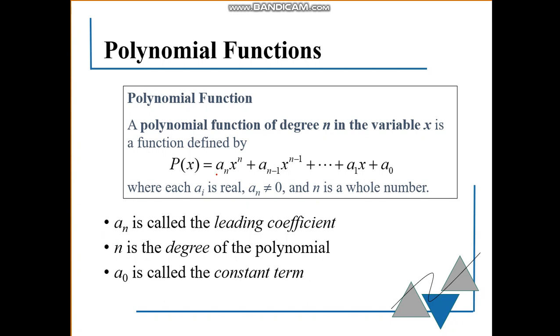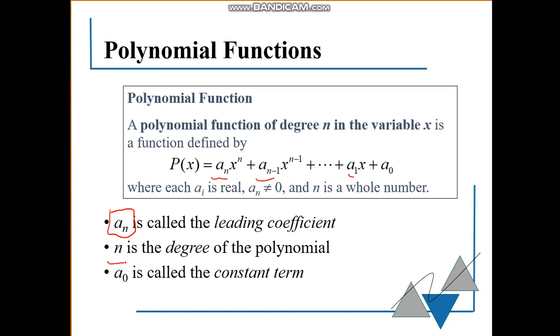The a's here, all of these with the subscript, those are just numbers. And that first number, the one labeled a sub n, is called the leading coefficient. It's the one in the front. And we've seen this before when we were talking about quadratics, about parabolas.